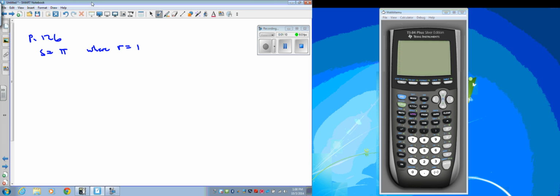Then what we have on number 2, this is number 2, then you're going to do the sine of pi. And the sine of pi is what?